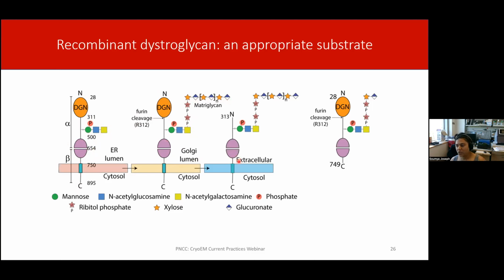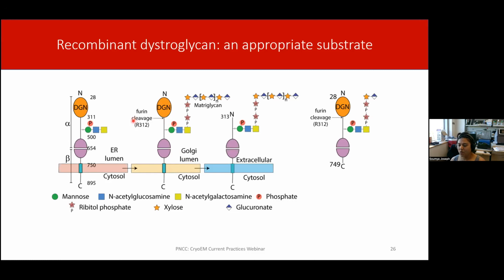When it gets transported to the plasma membrane, it actually loses this globular N-terminal domain called DGN. It has a furin cleavage site here, so furin convertase clips the protein. But in the Golgi, when LARGE1 encounters dystroglycan, it needs this DGN moiety.